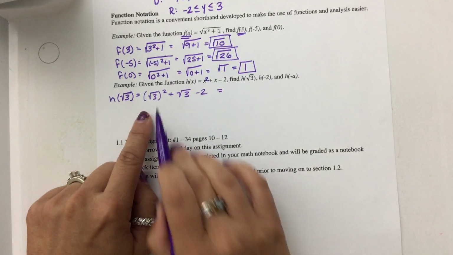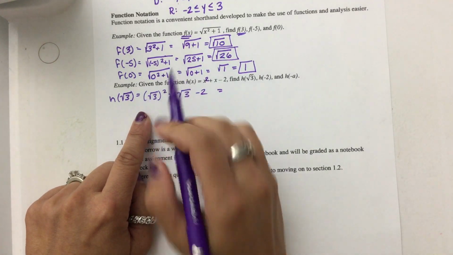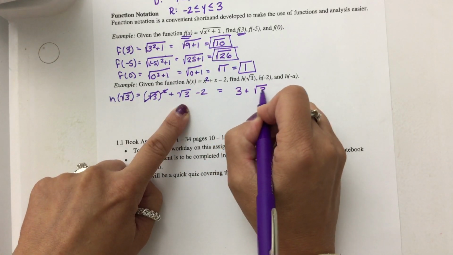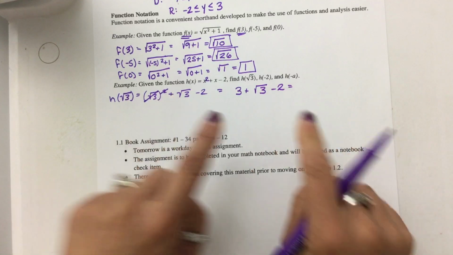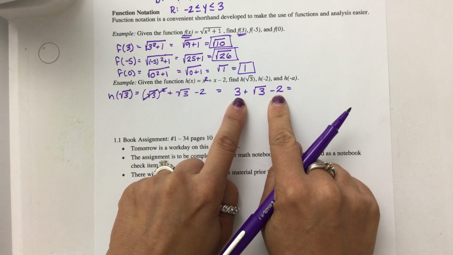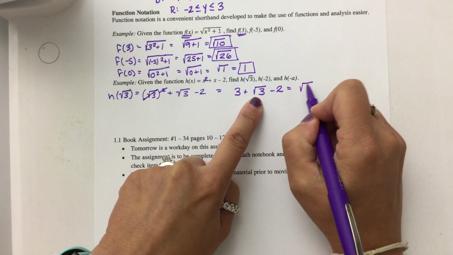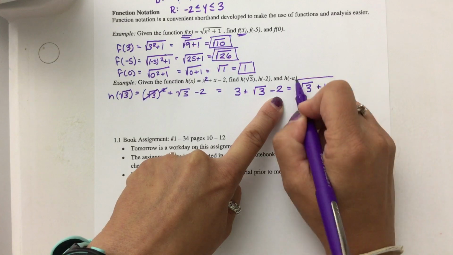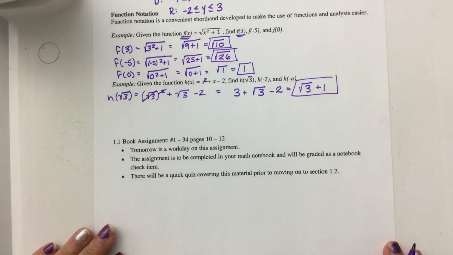Well, one cool thing, if you square a square root, that cancels. So this is 3 plus the square root of 3 minus 2. Now I can combine my 3 and negative 2 because they are like terms. They're both constants. So positive 3 combined with a negative 2 is 1. So I have the square root of 3 plus 1.